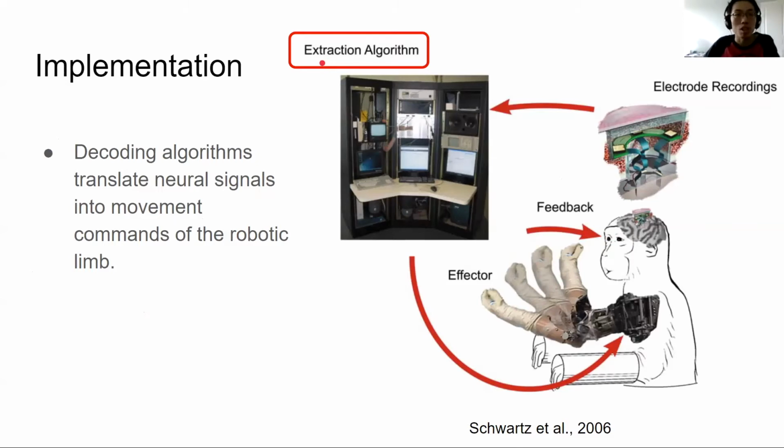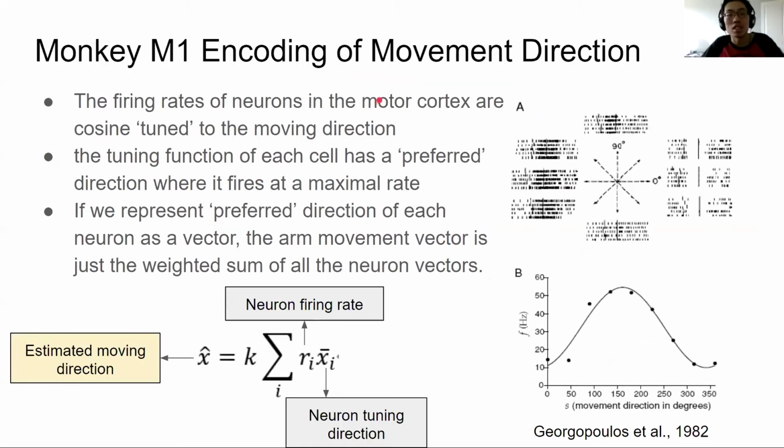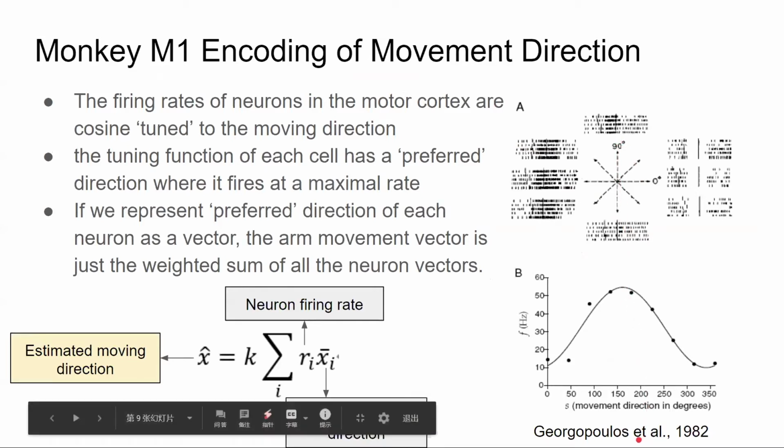Before we know how to translate these signals, let's first talk about how movement direction is encoded in the motor cortex. There's a very basic finding by Georgopoulos and his colleagues in the 1980s.